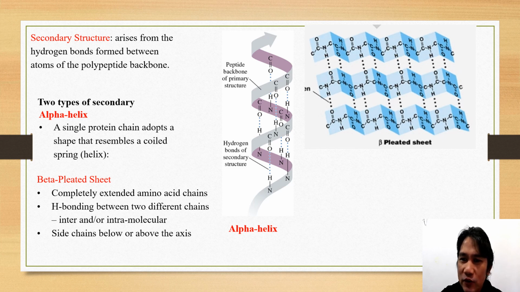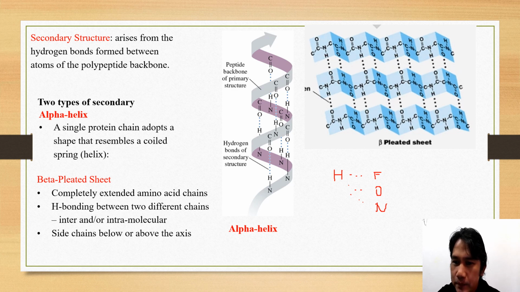Now, first of all, what is a hydrogen bond? A hydrogen bond is an attraction between electronegative atoms such as fluorine, oxygen, and nitrogen. The hydrogen bonding is not a covalent bond. Remember, a covalent bond is an attraction that is due to sharing of electrons.